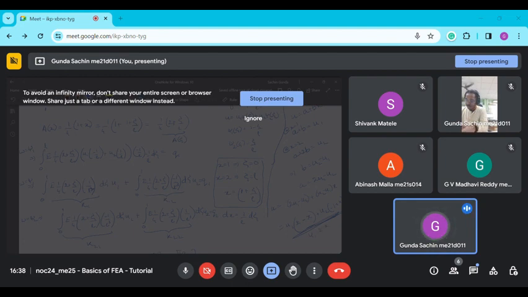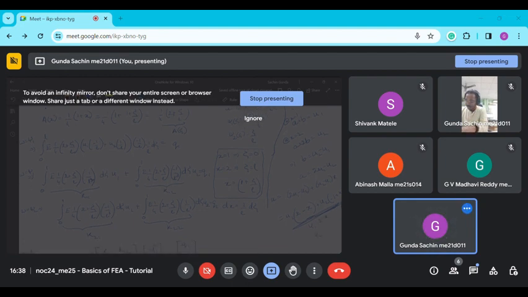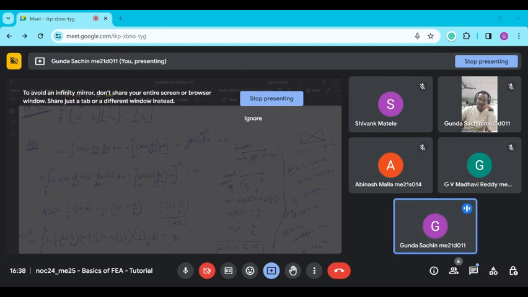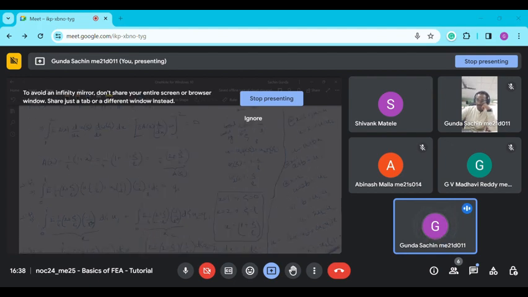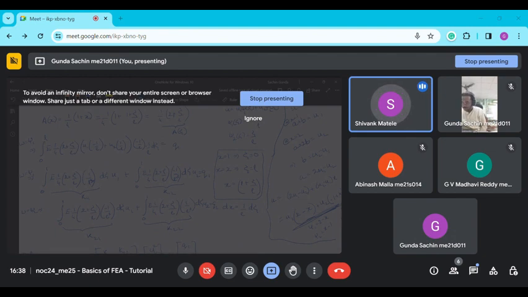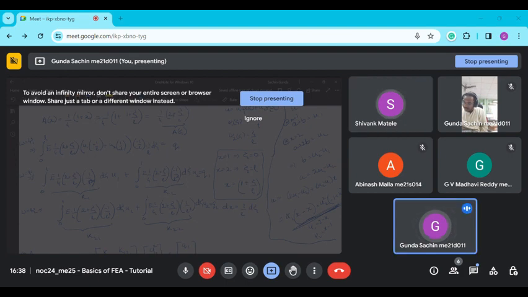You can use this directly: psi 1 will be 2 minus x and psi 2 will be x minus 1. Substitute them in this equation and directly solve everything in terms of x. You will end up with the same stiffness matrices in both cases.